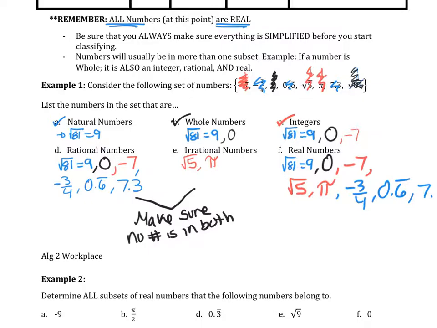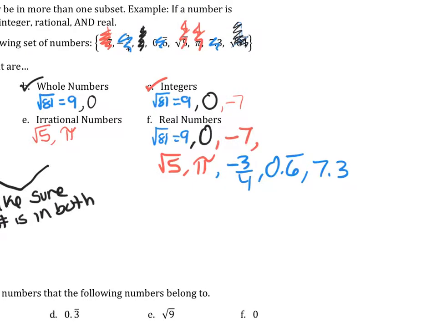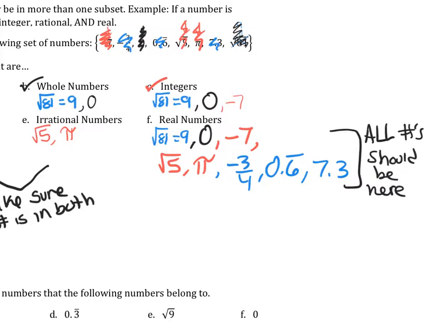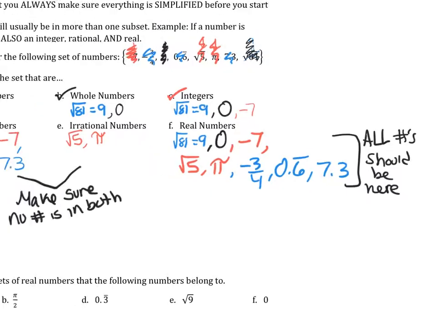No. So that means we're good there. And then with our real numbers, all numbers should be here. So whenever you are listing real numbers, that's just every single number that we're giving you in this set, because all we're dealing with right now is real numbers.